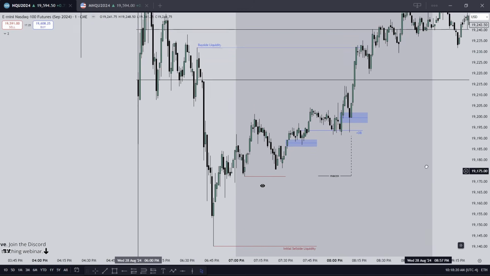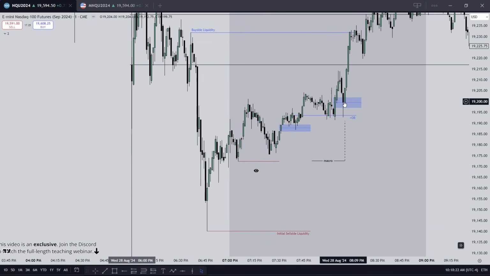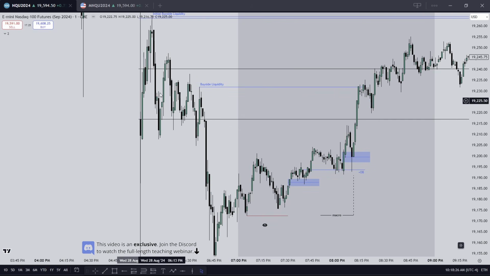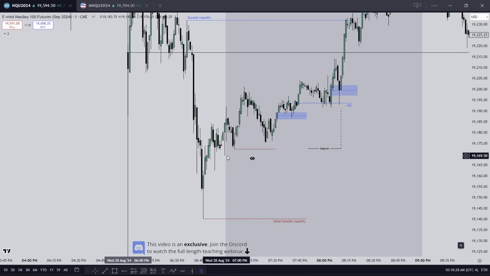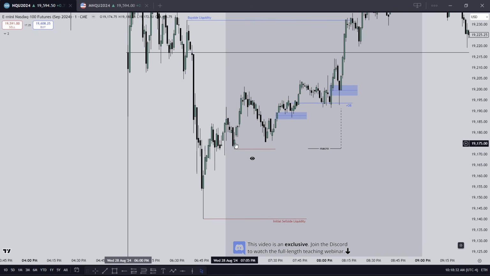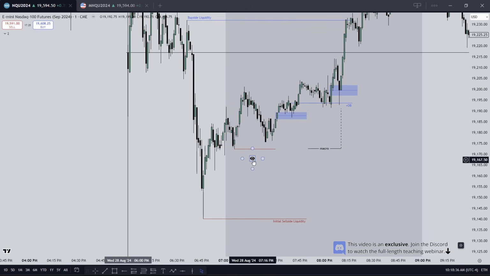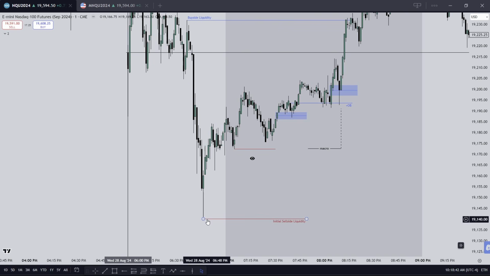So we dropped down and actually traded this. I sent this in the Discord. I took this setup long here, but we'll talk about that. So sell side, buy side, we get to 7 o'clock, time to find a setup. Perfect. Get this low, we trade up into a fair value gap, we trade down. Once I see this right here, what do we do? We fail to take out this low. We fail to take out this low. We fail to reach initial sell side. Not a problem.